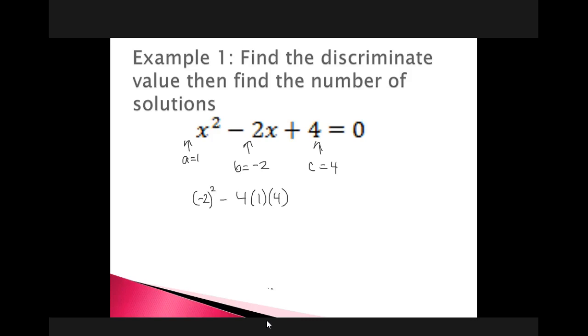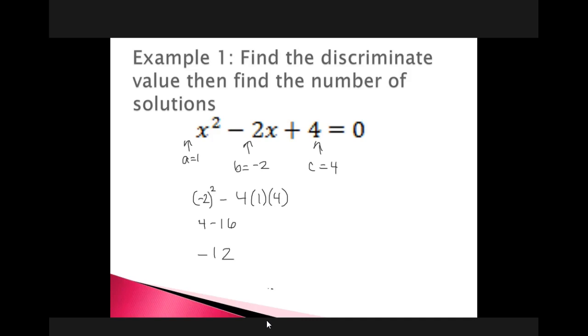Any negative number squared is always a positive, so b squared under your radical will always be positive, whether b is negative or positive, because something squared is always positive. So we get 4 minus 4 times 1, which is 16. So 4 minus 16 is negative 12.